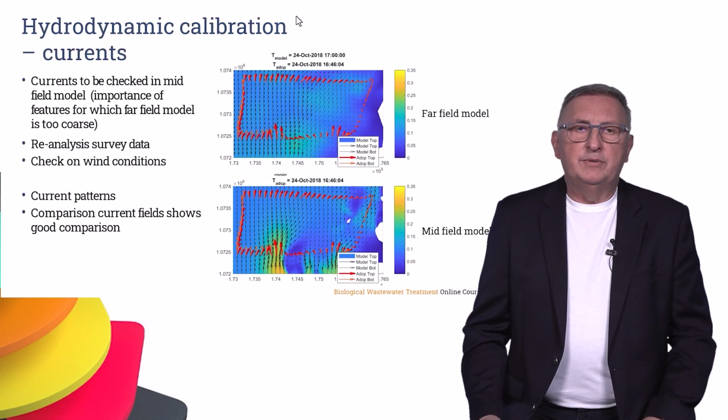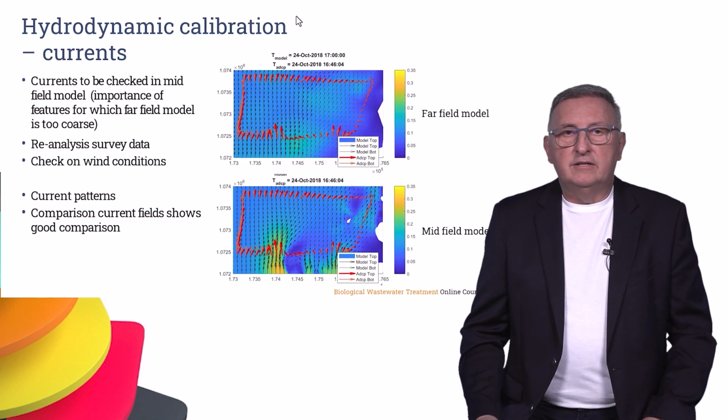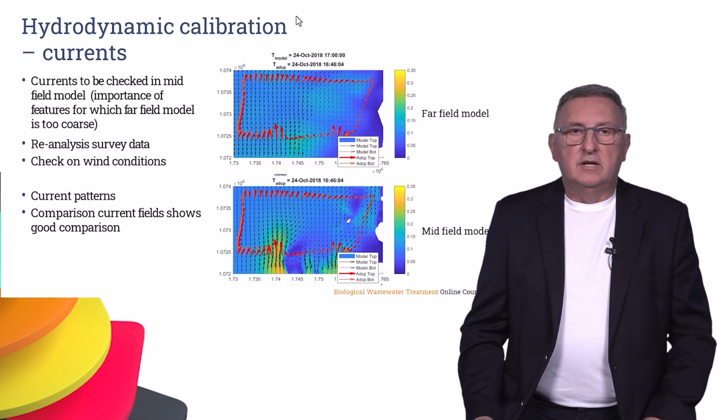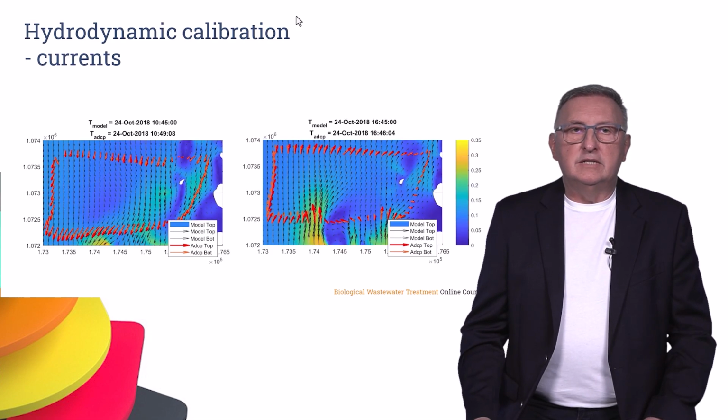We also obtained information about the currents to be checked in the mid-field model, but we also had to reanalyze them using the survey data. We took into account wind conditions and current patterns, and we also compared different current fields, which showed really good agreement. So with this data, we could continue with our modeling exercise.